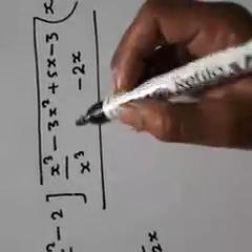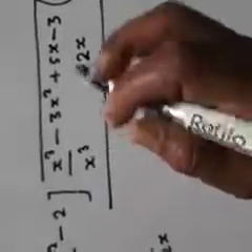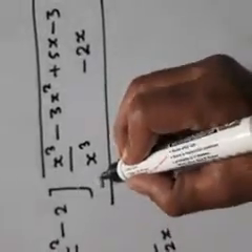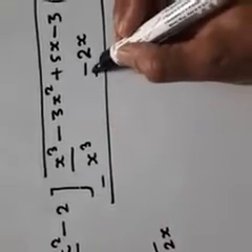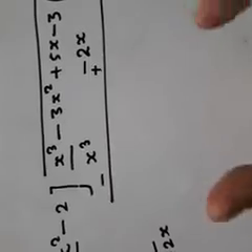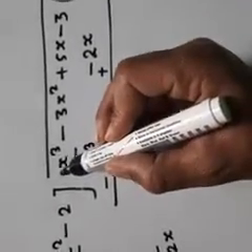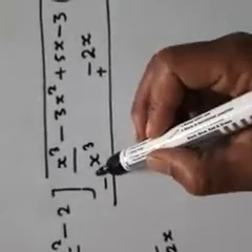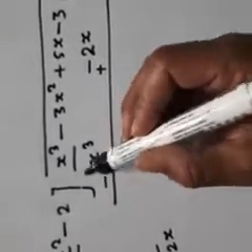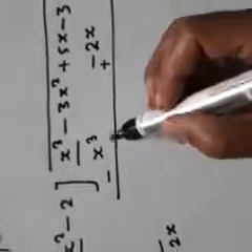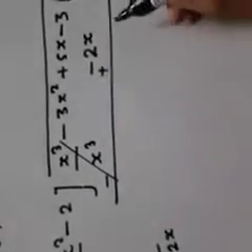Now students, we have to subtract. So change the sign. Whenever we subtract one polynomial from another polynomial, we always change the sign of the subtrahend. So the coefficient of x cube here is 1, the coefficient of x cube here is minus 1, so 1 minus 1 is 0. So these terms eliminate.